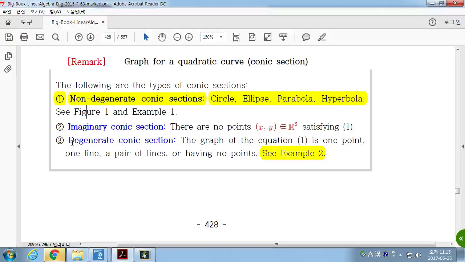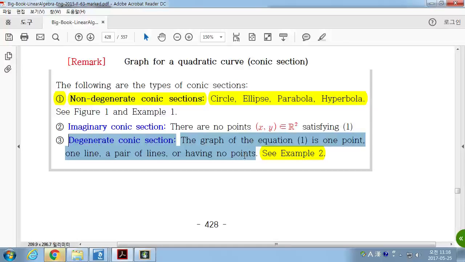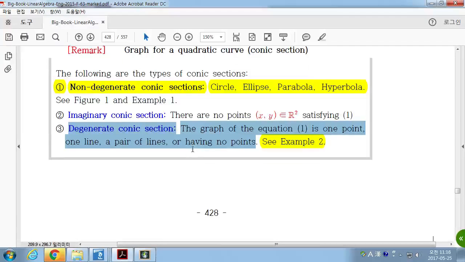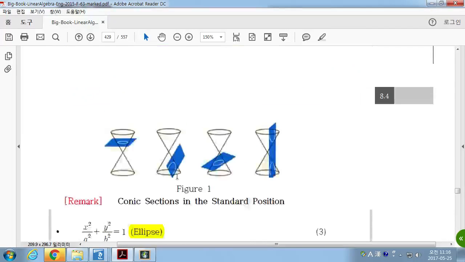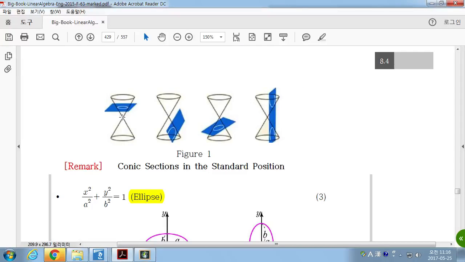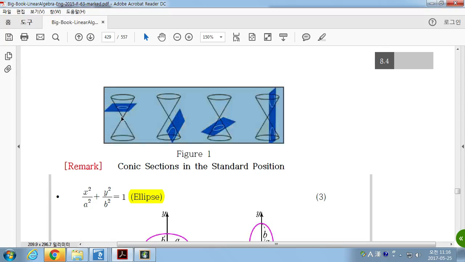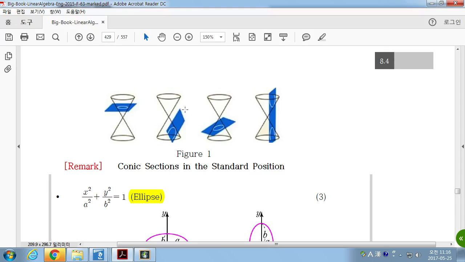Next, degenerate conic sections. The graph of the equation is one point, or one line, a pair of lines, or having no point. This is the case when the graph meets at one point, or just a line like this here, or two lines here and here.